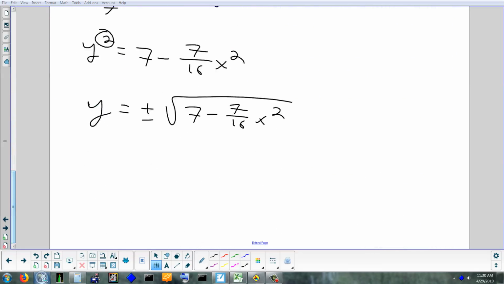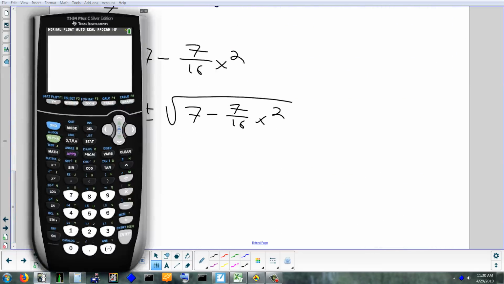Okay. Let's type it in and see what it looks like. So square root of 7 minus, and yes, I would put it in parentheses like that, 7/16 x squared. Now, that's just going to be the top half.